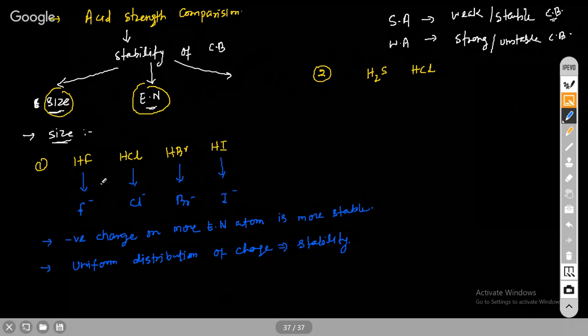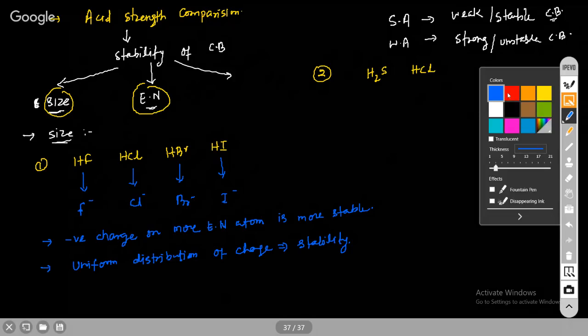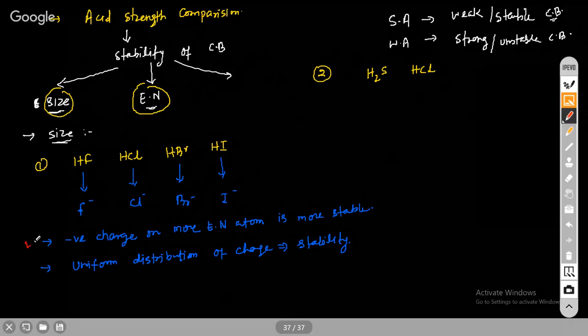So now if you compare the stability of these conjugate bases by the first factor, negative charge on a more electronegative atom is more stable. So F minus is more stable. This gives you the stability order F minus, then Cl minus, then Br minus, and then I minus. And if you check the other factor, then it should be I minus, Br minus, Cl minus, and F minus.